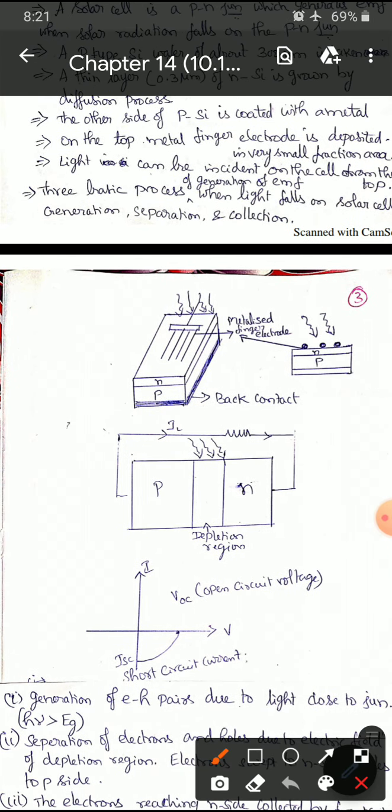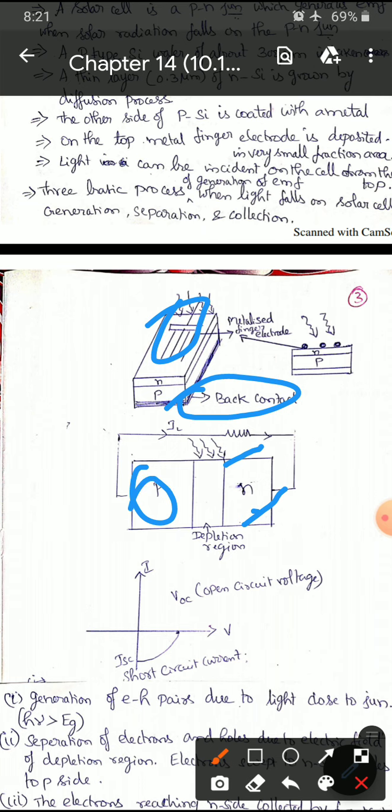The back contact is the base, and this is the front contact. So the electrons reaching the N side will be collected by the front contact, that is the top contact, and the holes reaching the P side will be collected by the back contact.